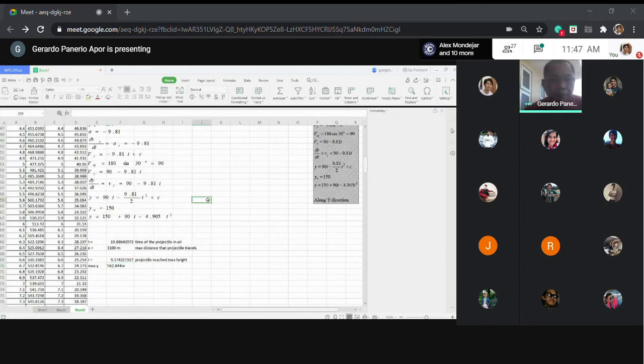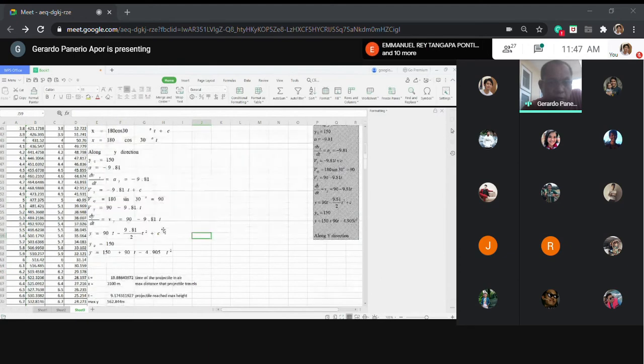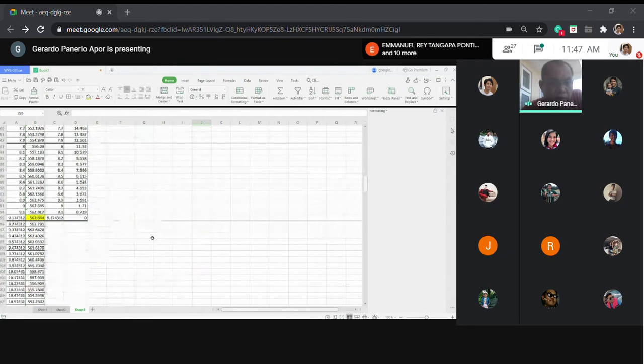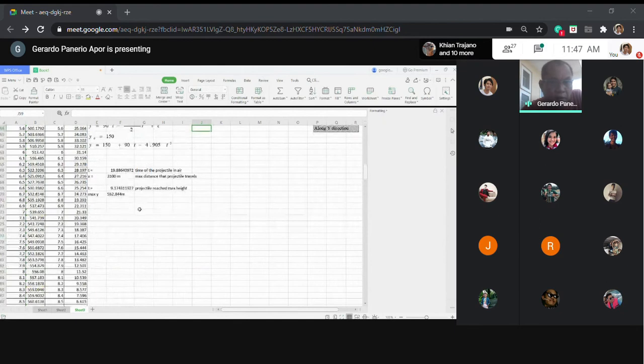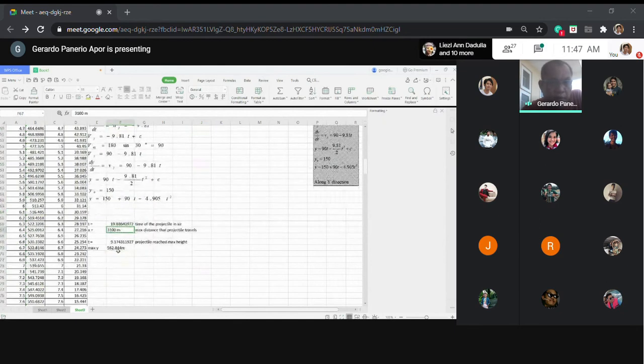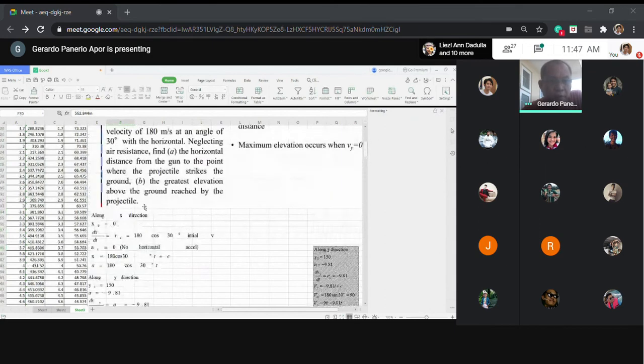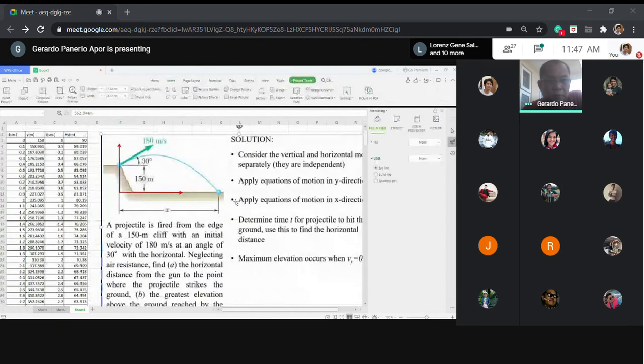So the horizontal distance from the point the projectile strikes the ground, this is the answer, 3,100, and the maximum height is 562 meters above the ground. So, this is it.